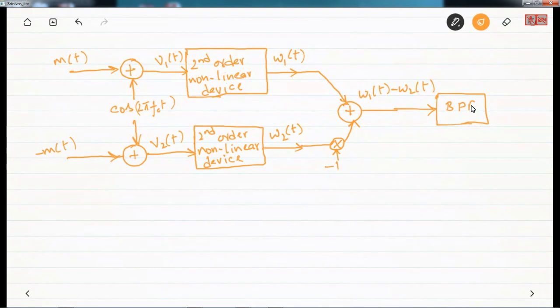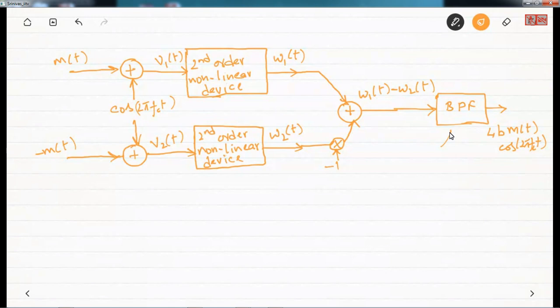4B m of t into cos 2 pi fct. So what are the characteristics of this band pass filter?